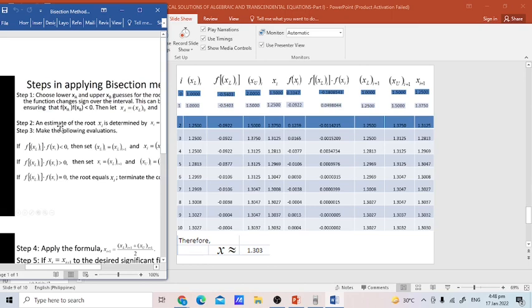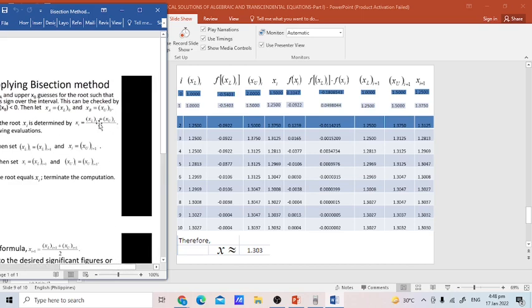So in step 2, an estimate of the root x sub i is determined. So this is an estimated value of the root. It is determined by this formula: lower value of x at the ith iteration plus upper value of x at the ith iteration, all over 2. So meaning we add, then we divide by 2.